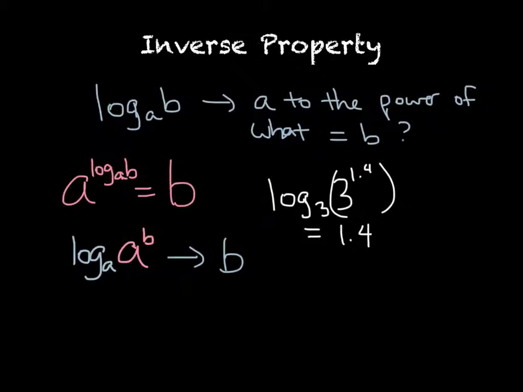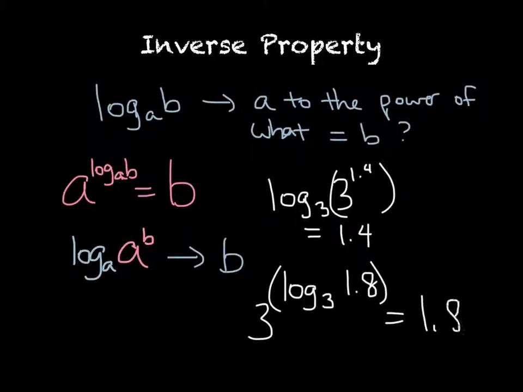And similarly, if we have log base 3 of 1.8, and we raise 3 to the power of that, what we're doing is we're asking 3 to what power equals 1.8, and then I'm going to raise 3 to that power, so that I'm going to get 1.8. So we see that no matter what, all of our logs and exponents, they'll cancel each other out so that we end up with just the number that we started with.